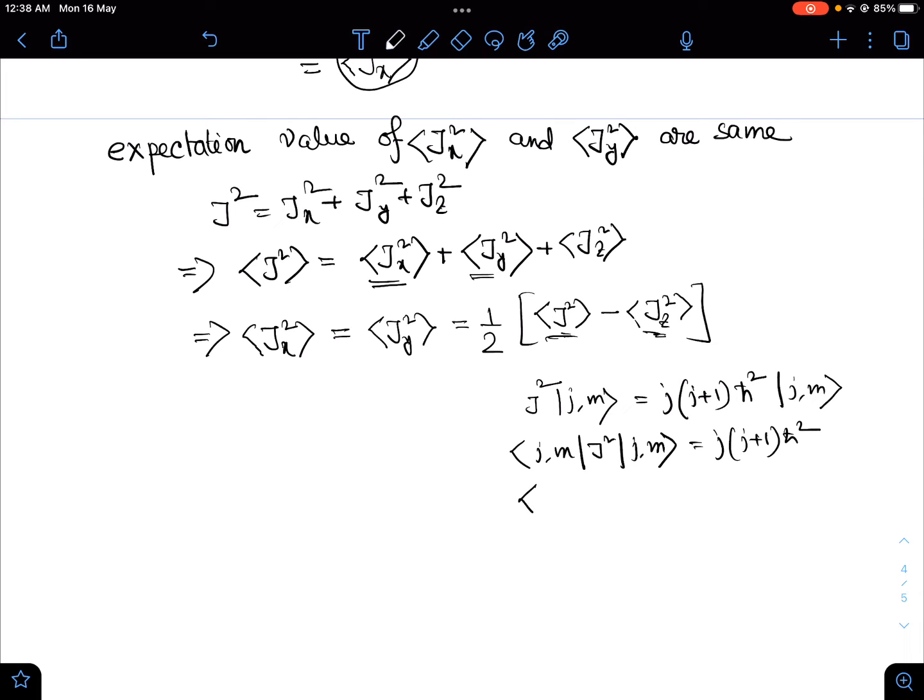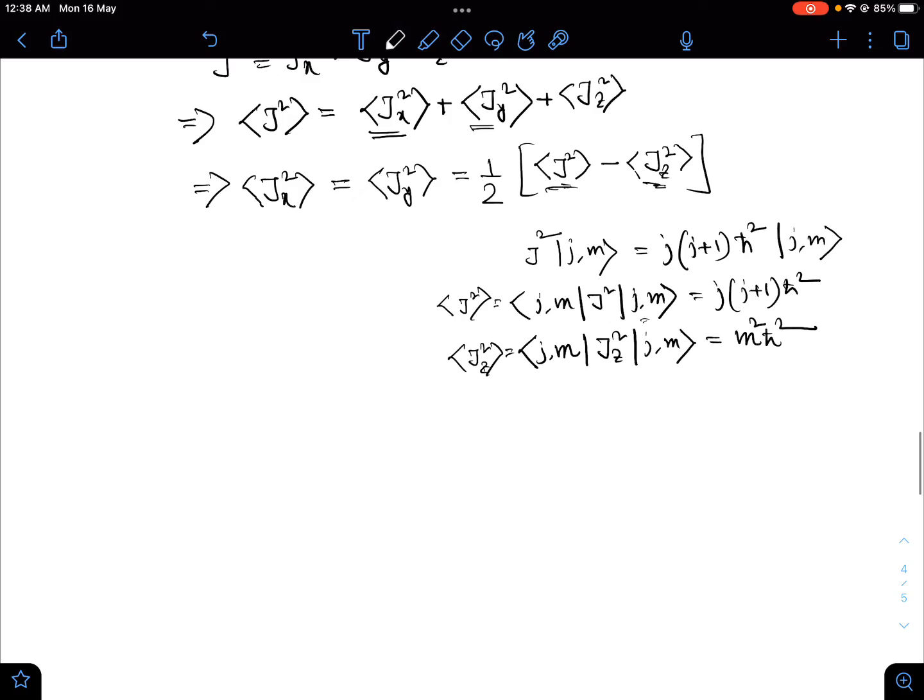And similarly, the expectation value of Jz squared will be m squared h cut squared. So these are our expectation values of J squared and Jz squared for the state Jm.